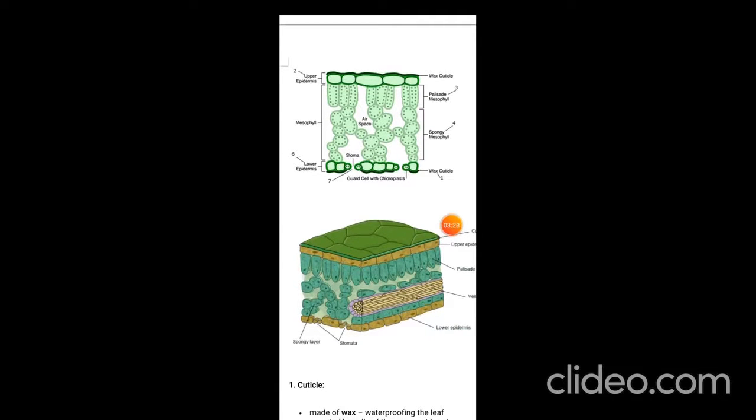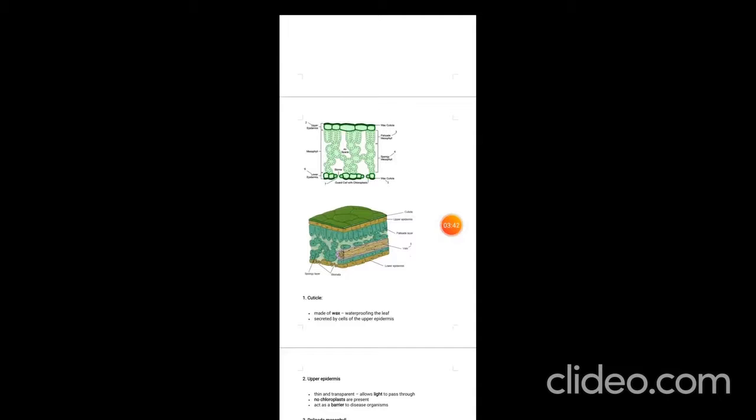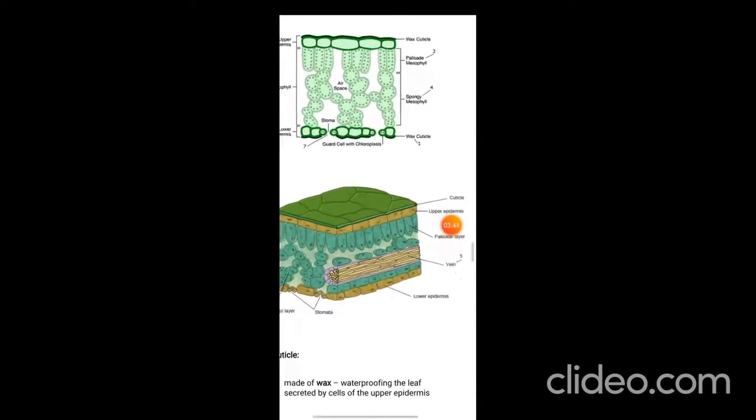And this palisade structure is supported with spongy mesophyll. They also have a little amount of chlorophyll inside, and in between there are air spaces. This air space is for the passage of air.